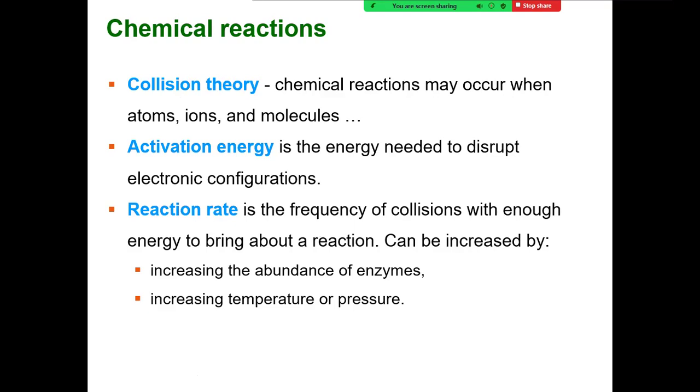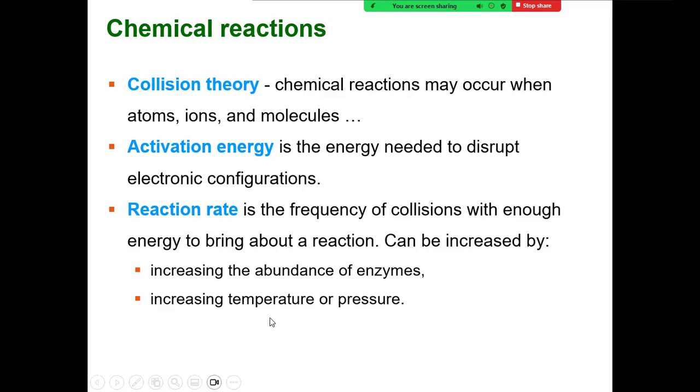You can increase the reaction rate by increasing the abundance of enzymes. The more enzymes you have, the more likely the molecules that are the reactants will change into the products, at least more quickly. Another way you can increase it is increase the temperature.